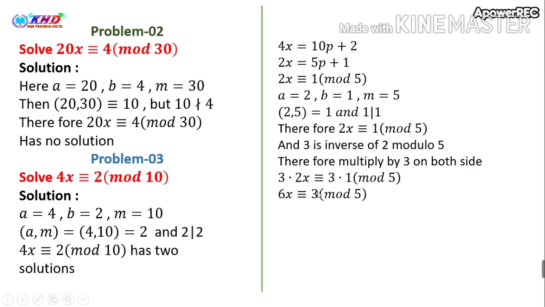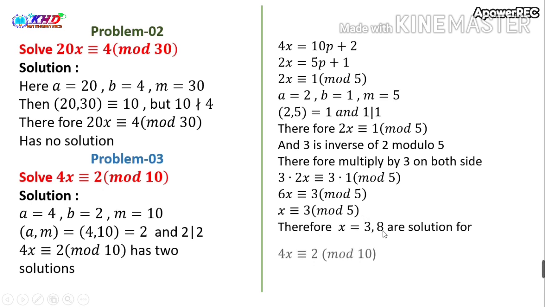So on multiplication we get 6x congruent to 3 modulo 5. So 6 is congruent to 1, that is x congruent to 3 modulo 5. Hence x equal to 3 and 8 are the solutions of 4x congruent to 2 modulo 10.